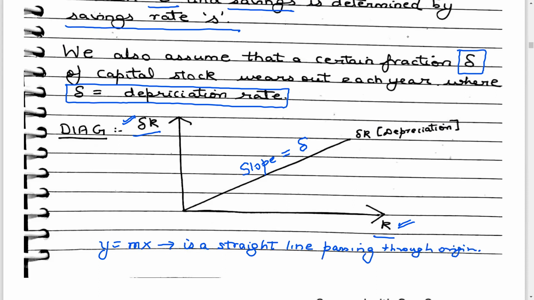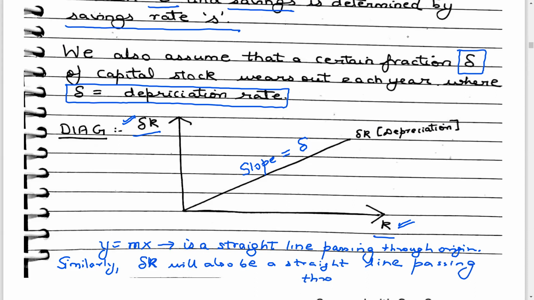So similarly, delta k will also be a straight line passing through the origin.